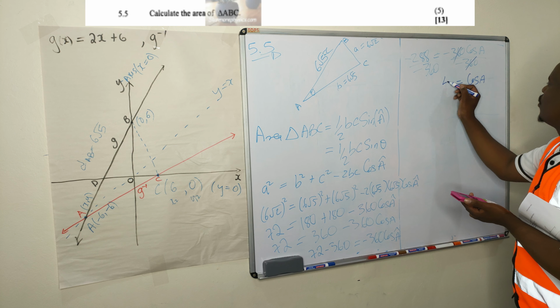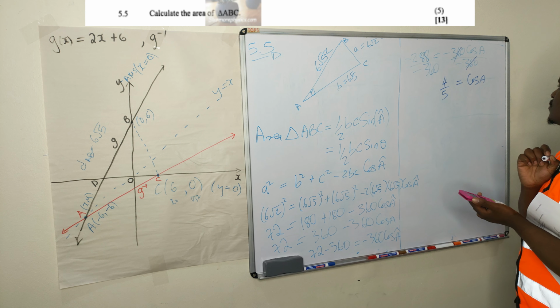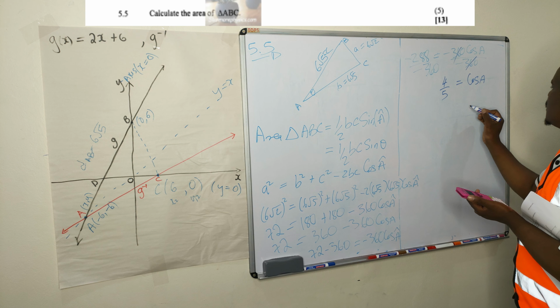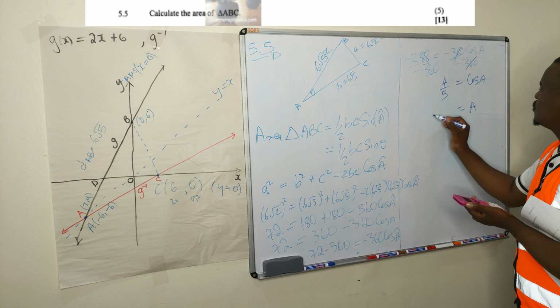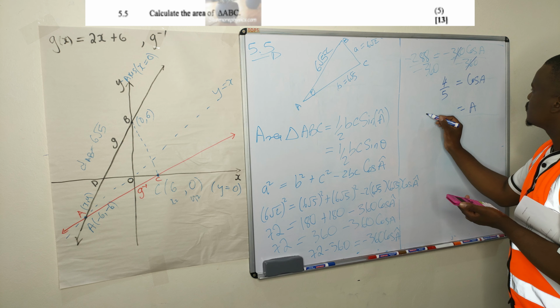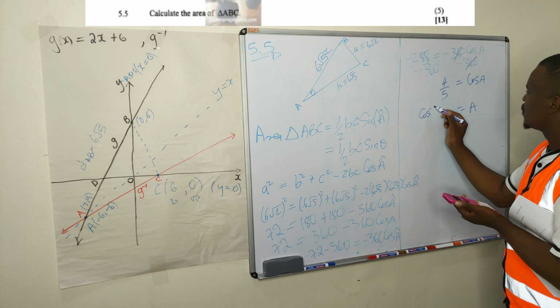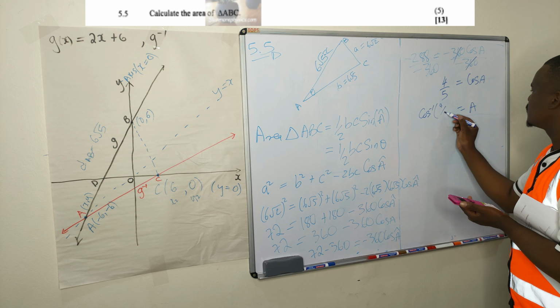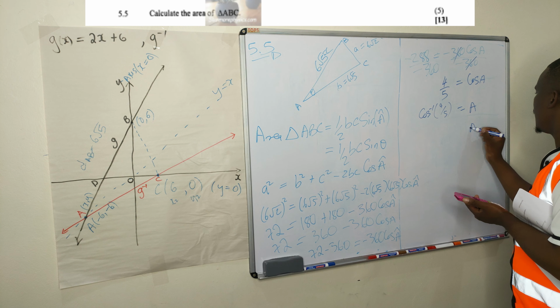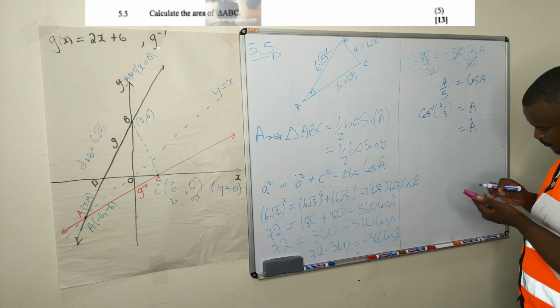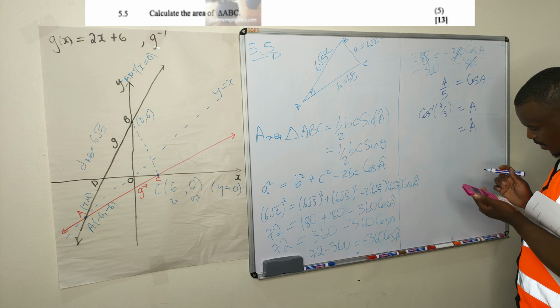This is 4 over 5. Then angle A is equal to arc cos, which means shift cos of 4 over 5.